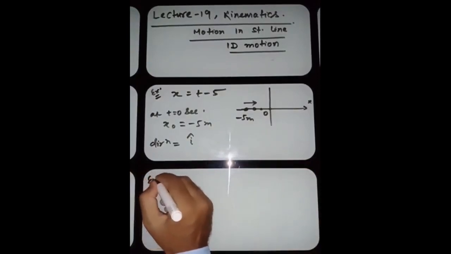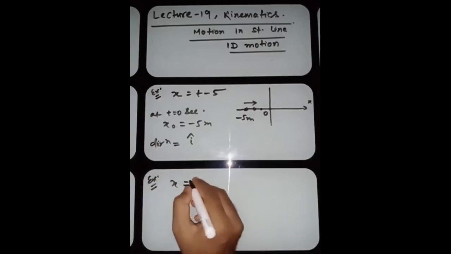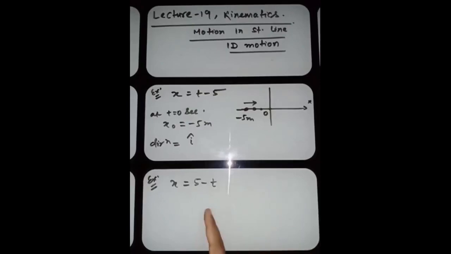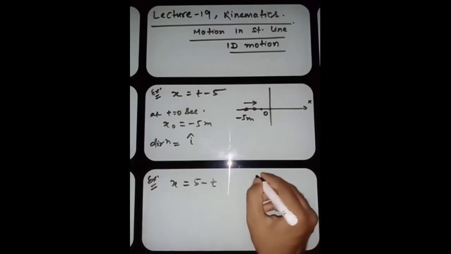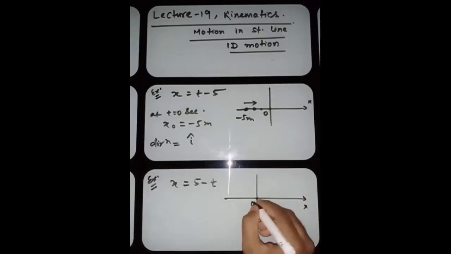Third example. If I'm giving the equation x equals 5 minus t. Now, could you find here the position and direction of motion? Okay, so at t equals 0, this is the x-axis, the origin.